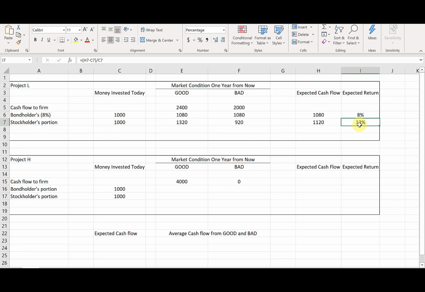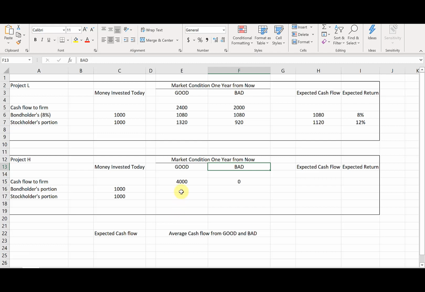Now let's replicate the same thing for Project H, which is the high-risk project. Bondholders and stockholders are still investing the same amount. Bondholders' interest is 8%. And the scenario for good or bad is equally likely. So these probabilities don't change. The economy could be good or the economy could be bad.